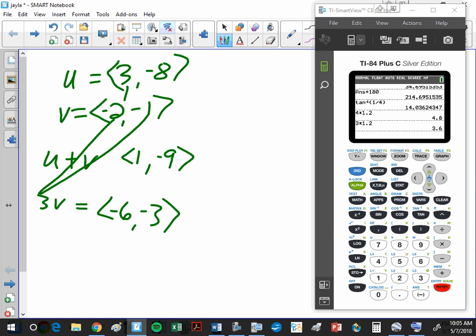Oh, yeah, that won't work. What effect did 3v accomplish? It made it 3 times longer, and it did not affect the direction. So the magnitude is 3 times bigger, but the direction did not change. Okay? So that takes care of second section.